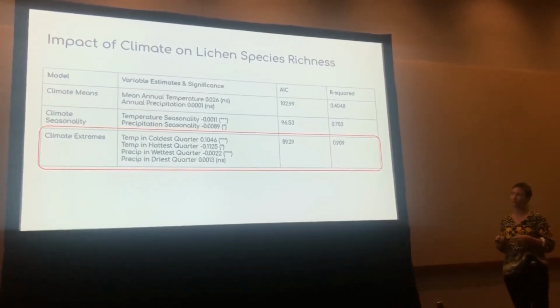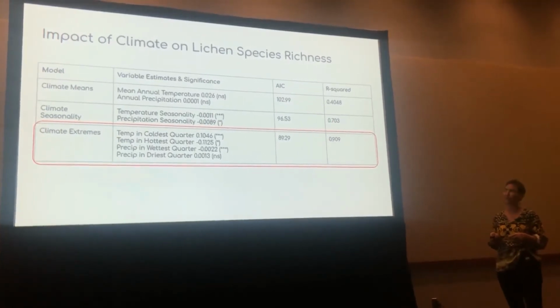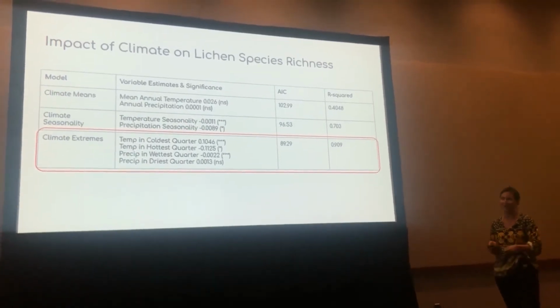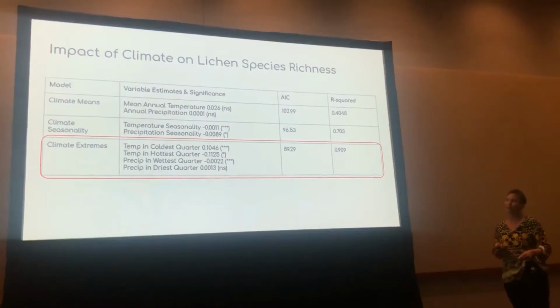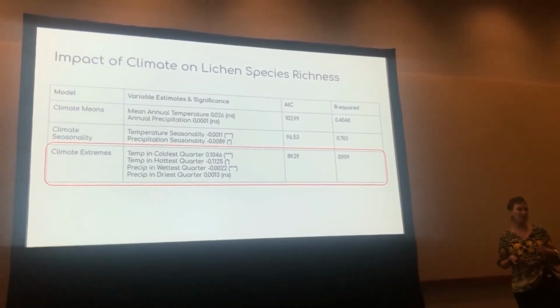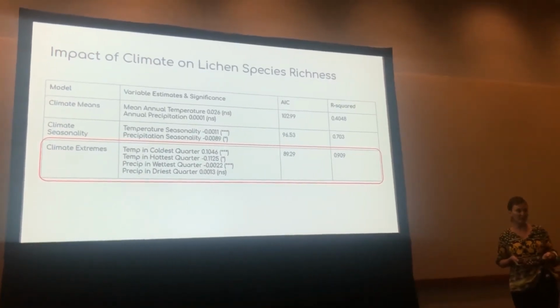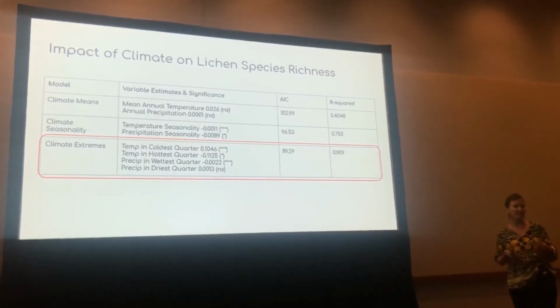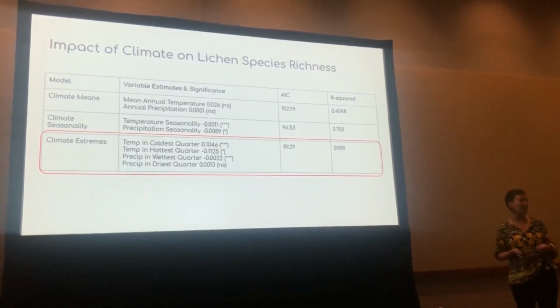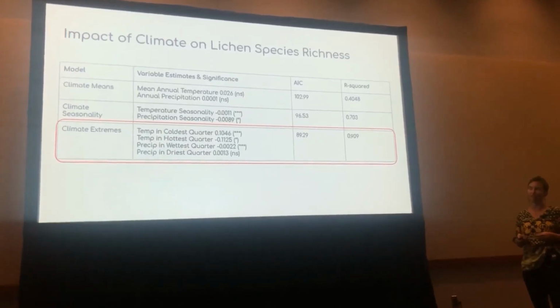This, again, according to a ludicrously high R-squared value, was our best model. But in terms of thinking about lichen biology and the fact that many lichens are in fact extremophiles, it makes sense to me that it is the extremes that may be driving patterns of diversity at this global scale.